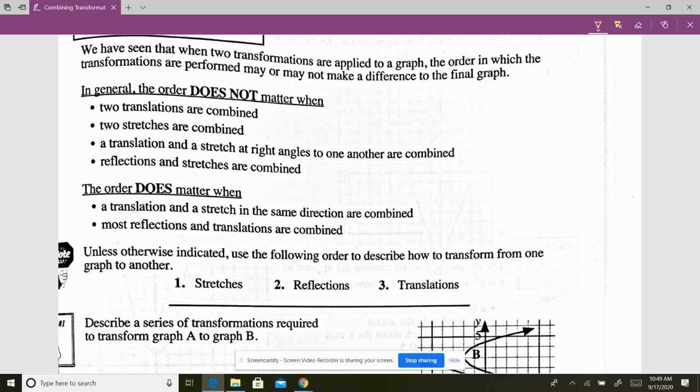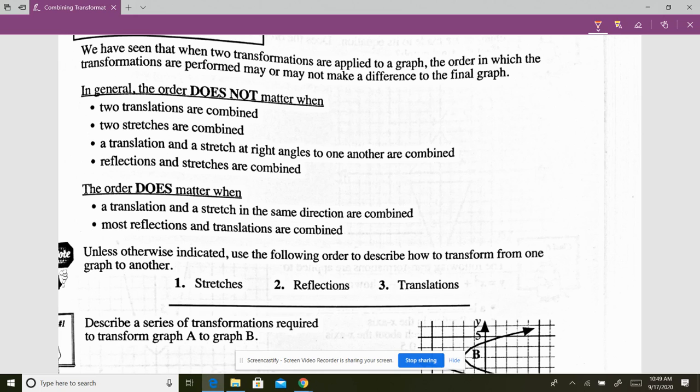Remember this. You guys remember BEDMAS? Now we don't have brackets, so we're not going to worry about that. But do you do multiplication or addition subtraction first? Which one comes first? Multiplication. We follow basically BEDMAS.